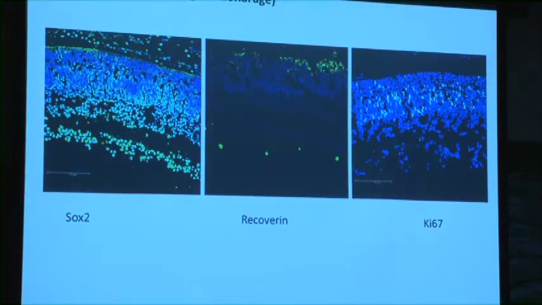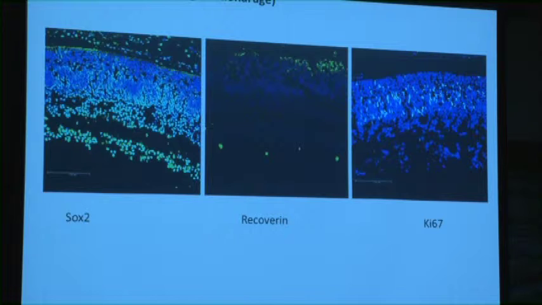And if you stain it for markers of pluripotent cells, or at least of proliferative cells, SOX2 here, and Ki67, we see that there's abundant pluripotency and proliferation taking place, but very little commitment to specific cell types. Again, we see a few early-born cones expressing recoverin, but no rods have been born yet at this stage. And we're not sure what this recoverin staining here is in the ganglion cell layer, but we don't think they're photoreceptors.